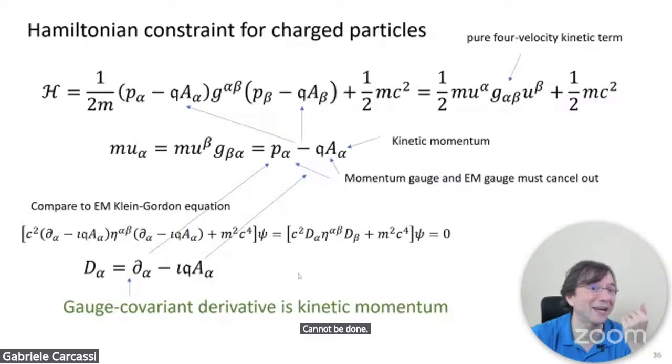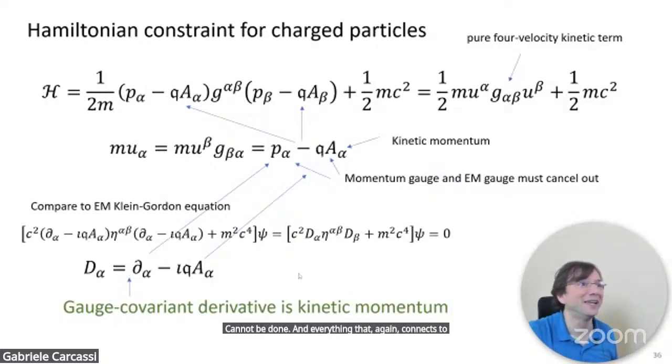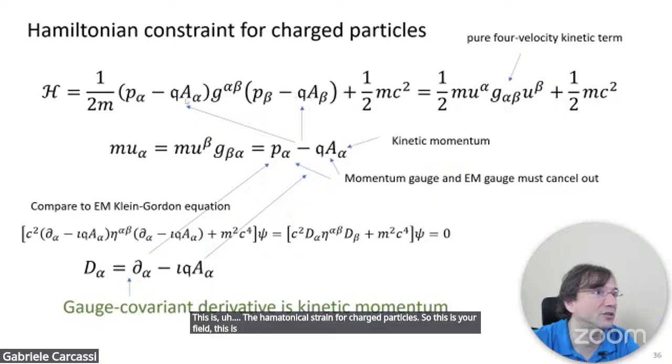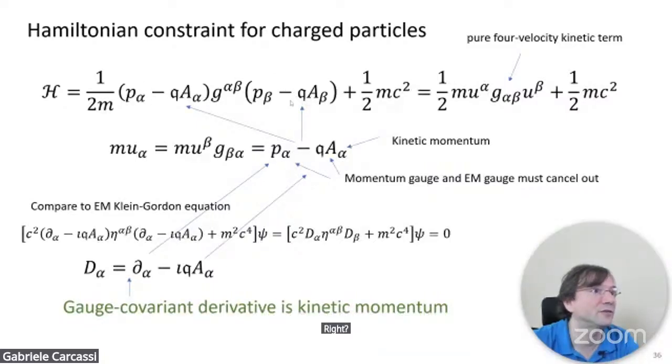Another thing that, again, connects to gauge theories, this is the Hamiltonian constraint for charged particles. So this is your field. This is the vector potential, right? And this is your charged particle. This Q is the charged particle.